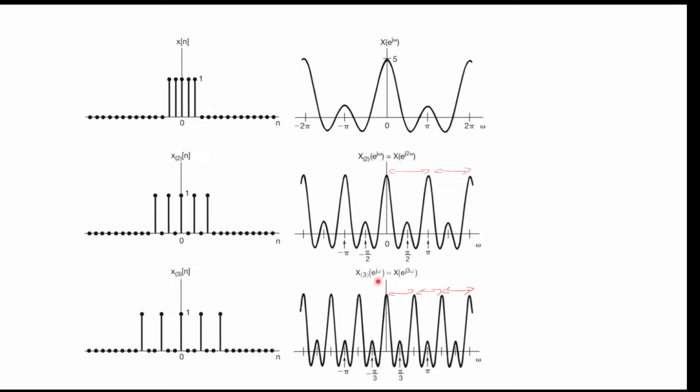Because you always squeeze by an integer factor, 2 pi will always be a period. So X2 of e to the j omega has a period of pi, but 2 pi is still a period. This one has a fundamental period of 2 pi divided by 3, but 2 pi is still a period. So things are working out nicely.